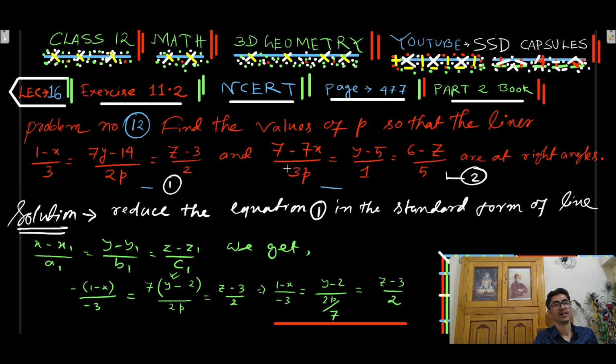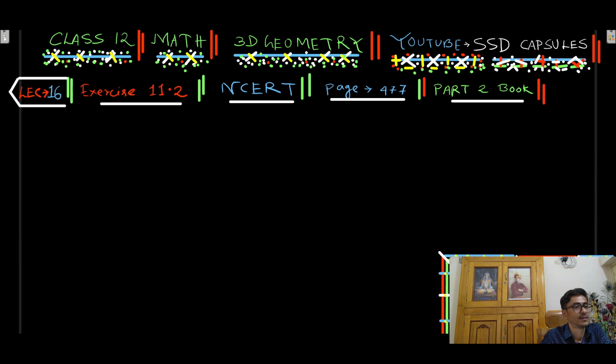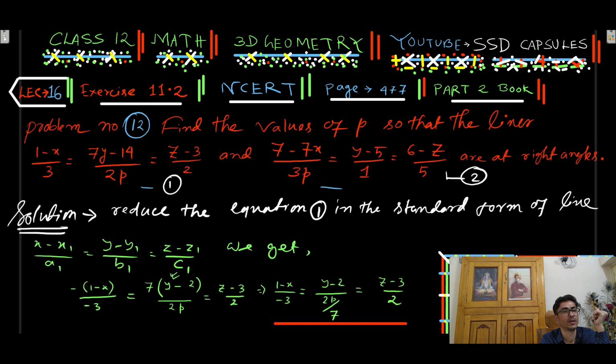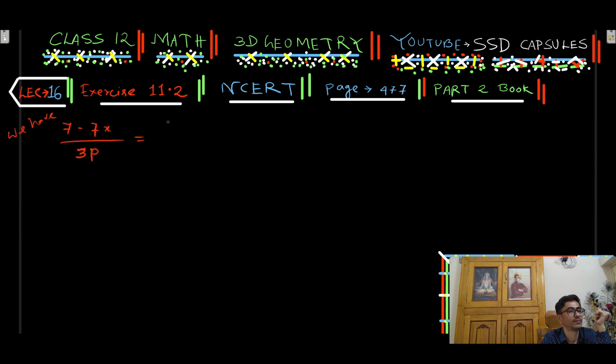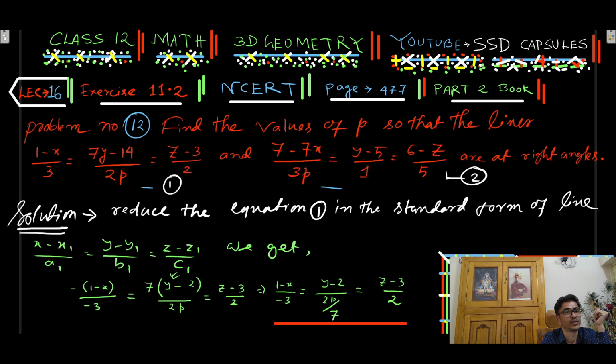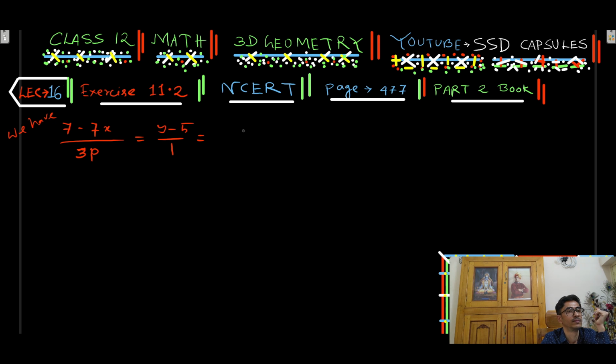Now we reduce equation 2 to the standard form. We have 7 minus 7x by 3p equal to y minus 5 by 1 equal to 6 minus z by 5.